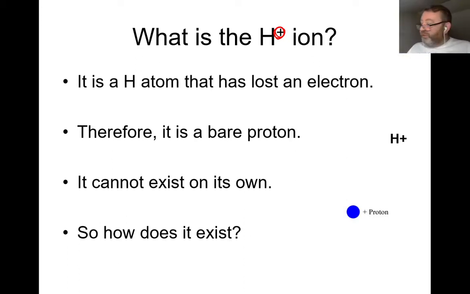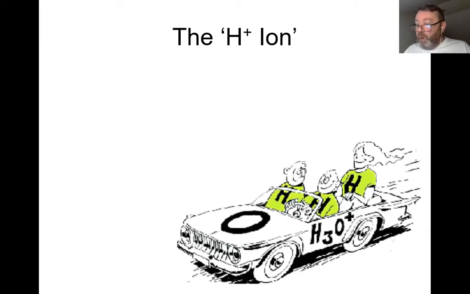It attaches itself like this to a water molecule. See that? There's your H2O, your water molecule, and there's your piggybacking H+, which means that you now have 1, 2, 3 hydrogens. See the name down there? H3 and an O, but notice that it has a plus.